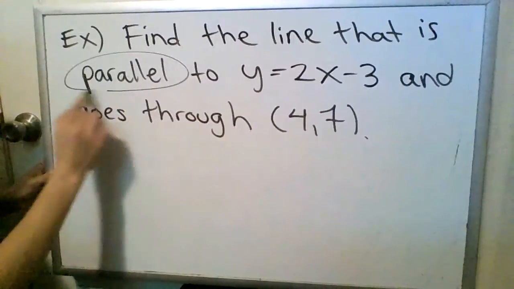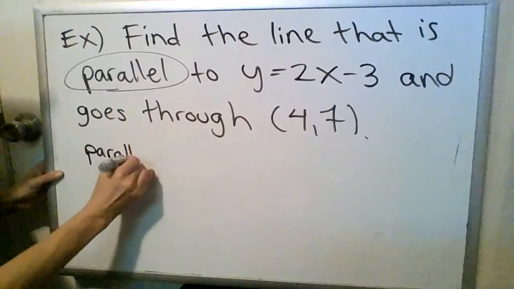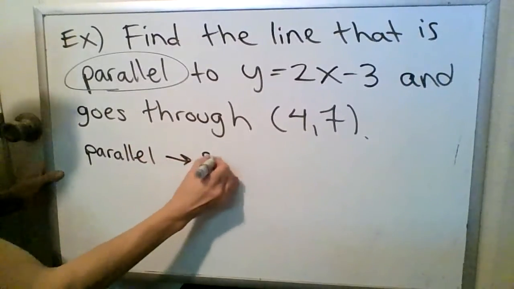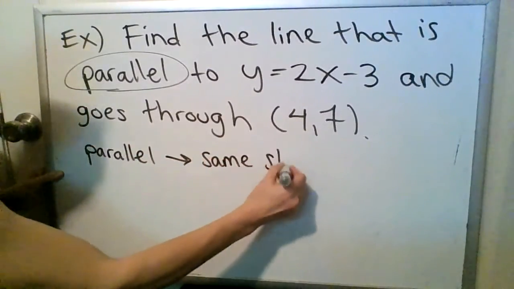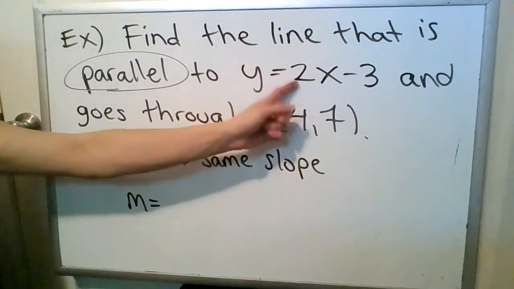For a parallel line, you need to use the same slope. m equal to 2.